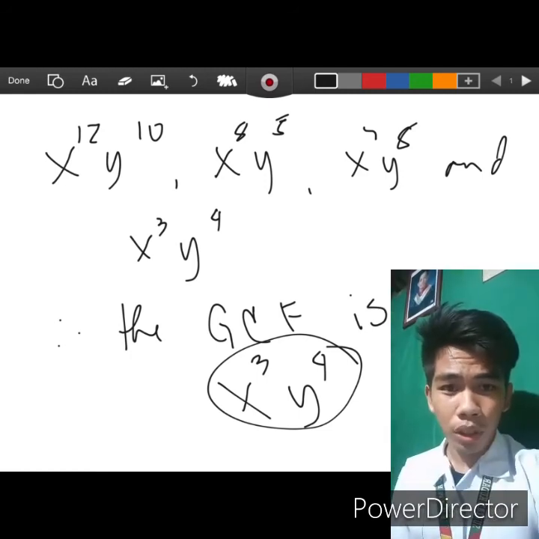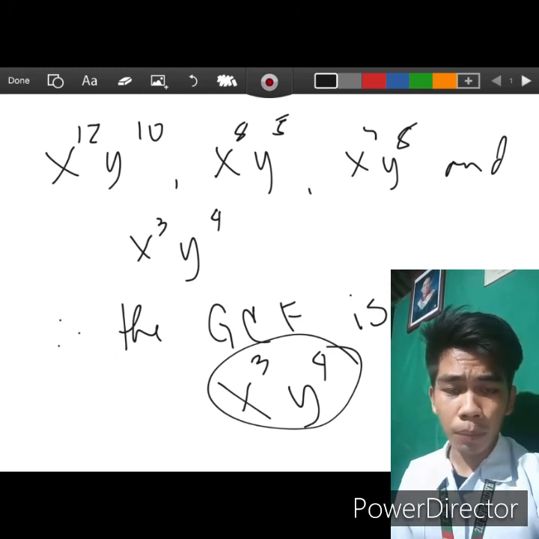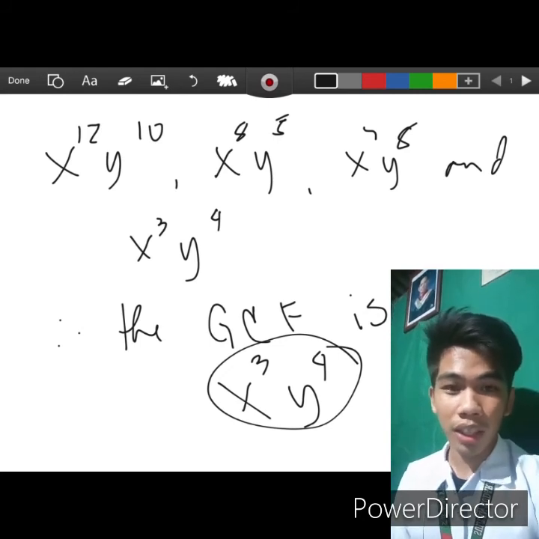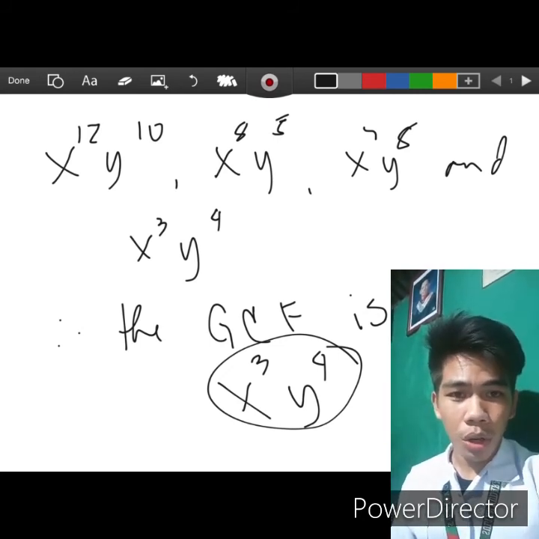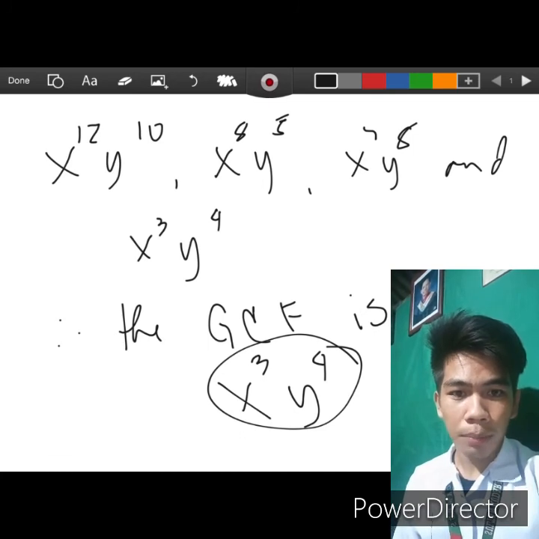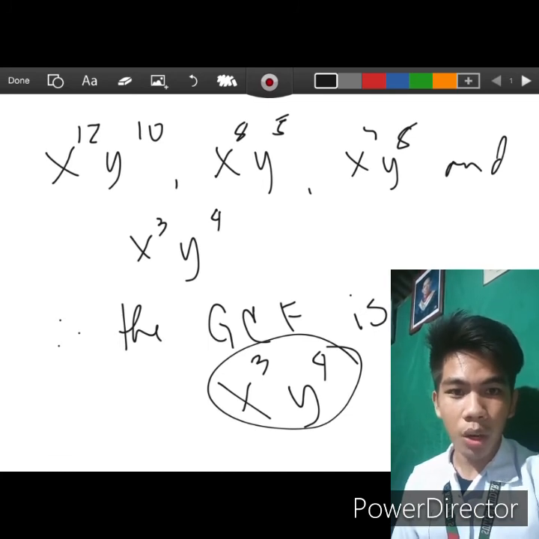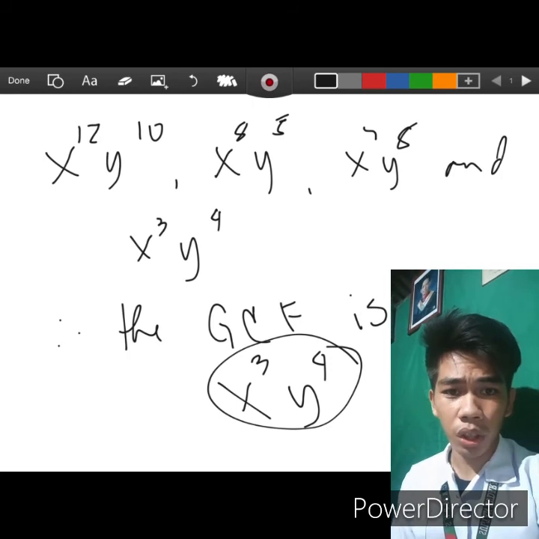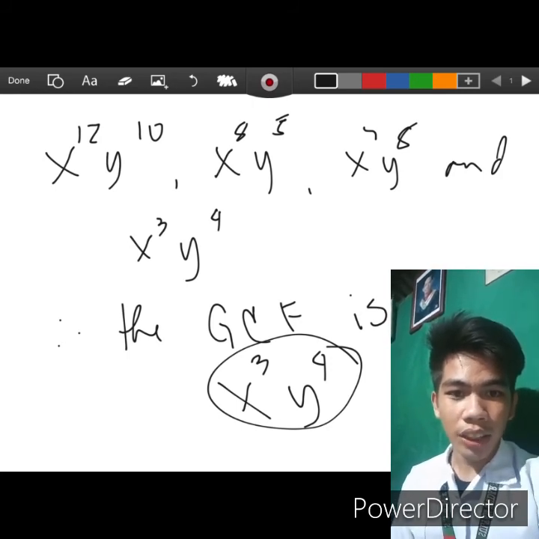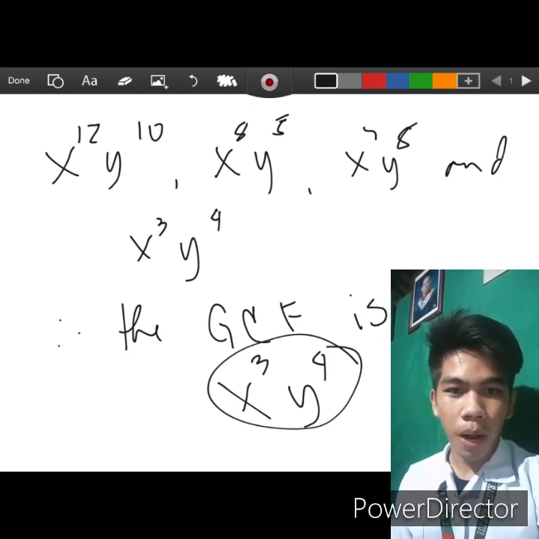For example, x cubed can be found in x to the 12th power, x to the 8th power, and x to the 7th power. And also, y to the 4th power can be found in y to the 10th power, y to the 5th power, and y to the 8th power. So the greatest common factor all in all is x cubed y to the 4th power.